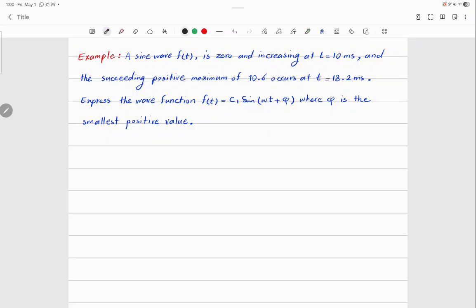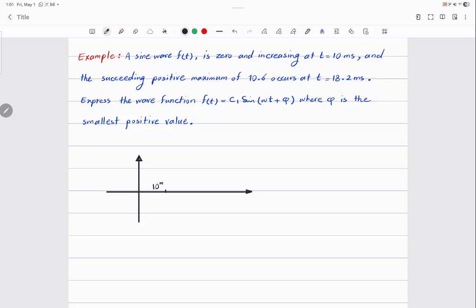Let's plot whatever information that we have. So, these are the information I have. It's 0 and increasing at 10 millisecond.